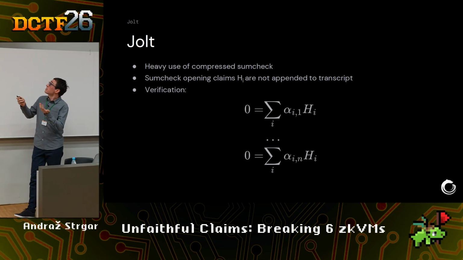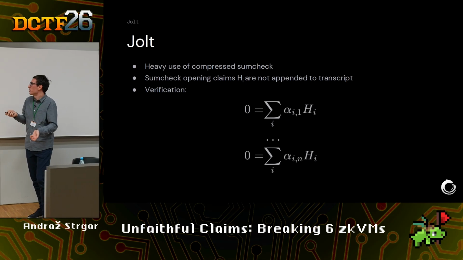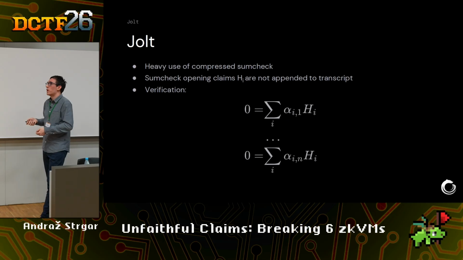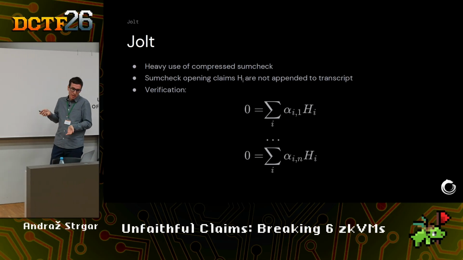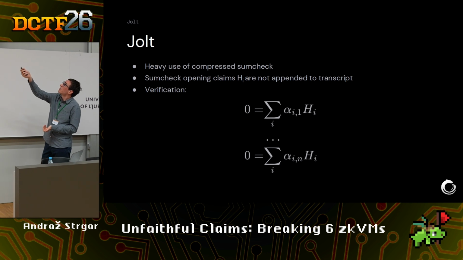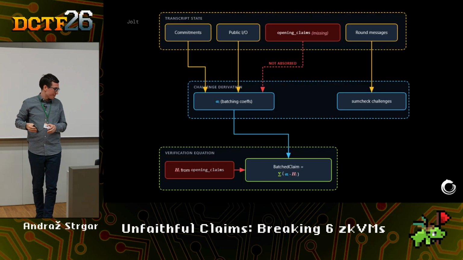And the funny thing is, the patch to go from this being critically vulnerable and completely exploitable to it being completely secure is 1 line of code. Just add the input claims into the transcript. Just have these H_i hashed into the Fiat-Shamir transcript, and then we're all good.